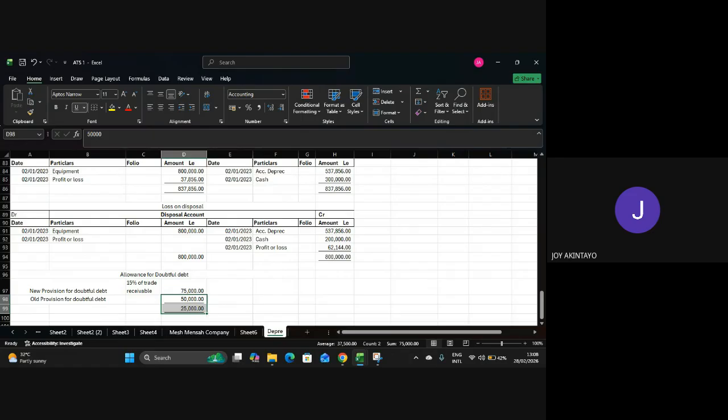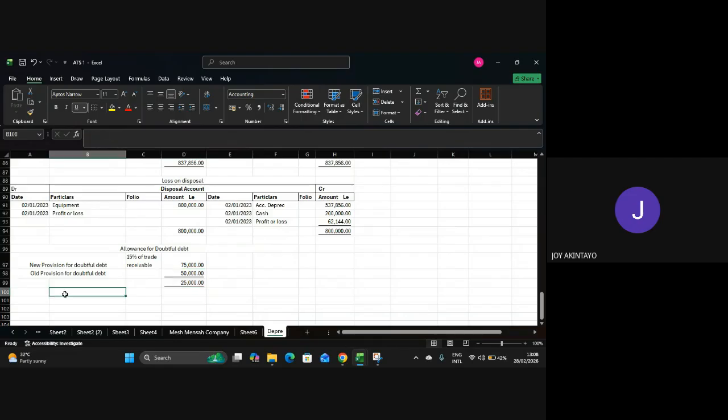So what do you do? We have debit here and credit here. So you debit your profit or loss with 25,000 naira. This is an increment.